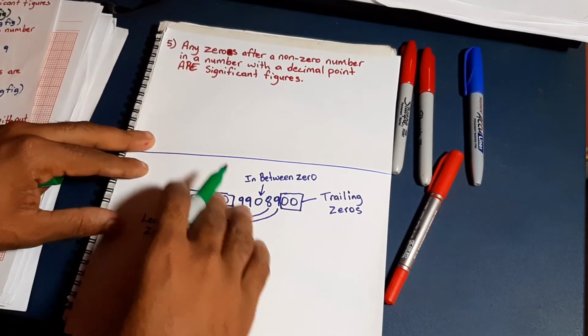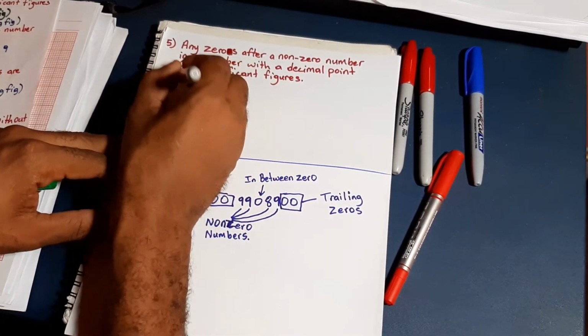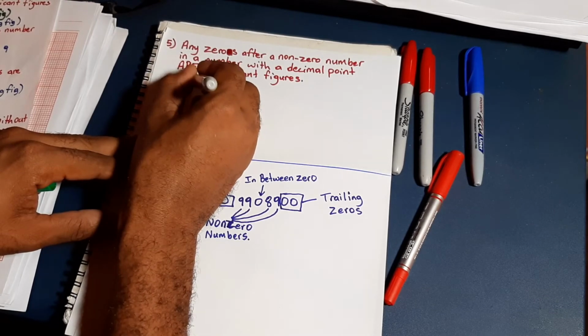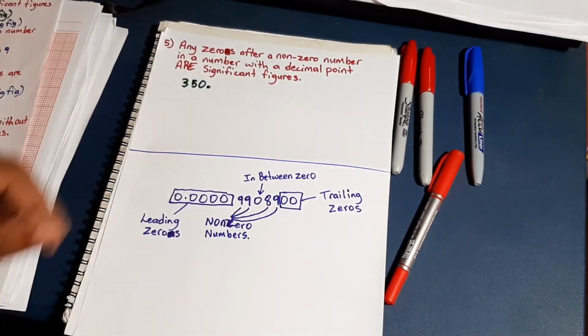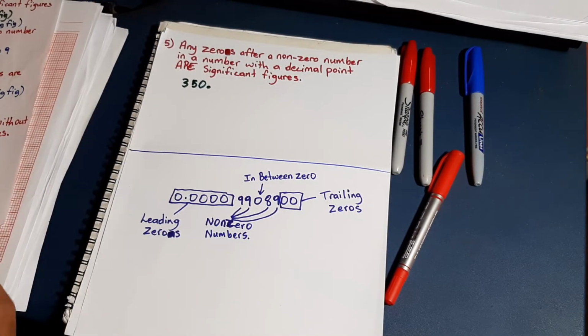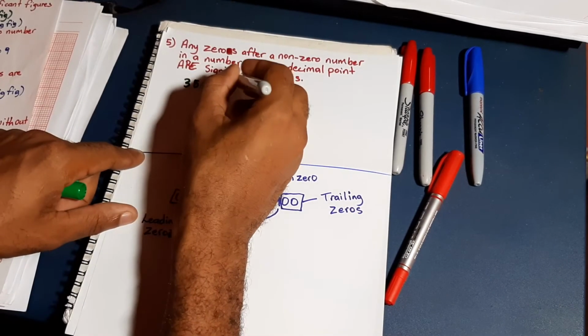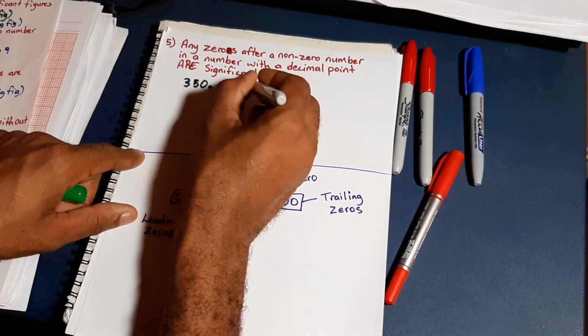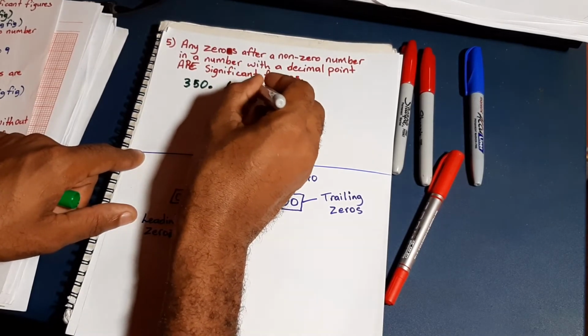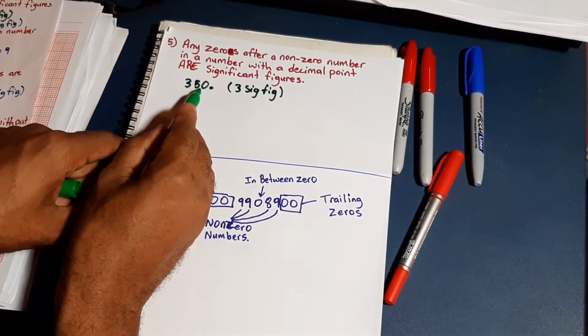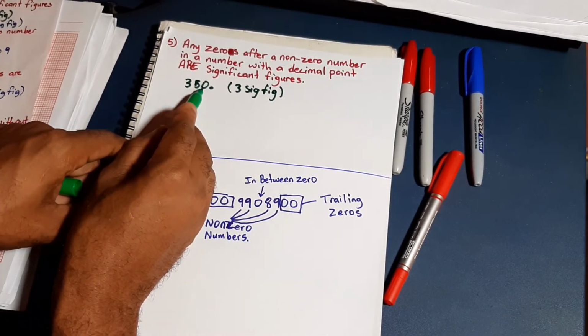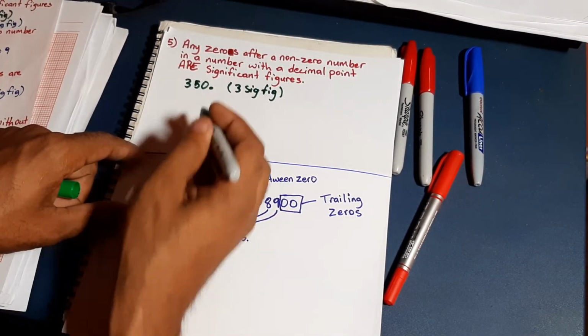So let's say we have a number, 350 point. There's the decimal point. This number 350 is written to 3 significant figures, or 3 sig fig. Why? Because this number has a decimal point, so we have to consider this 0 as a significant figure based on the rule.